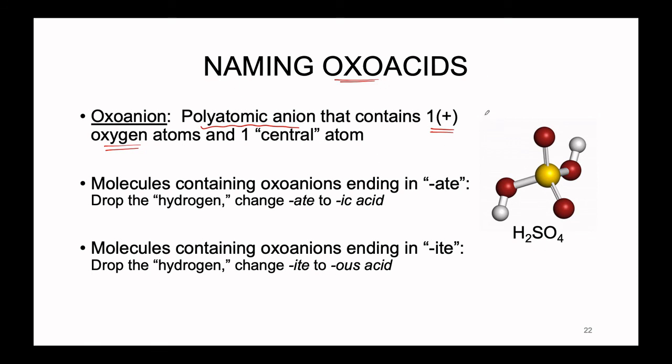And as an example, let's pay attention to this molecule right here, which has a sulfur in the middle, 4 oxygens off of that sulfur, and 2 hydrogens off of 2 of these oxygens. When we put this together, we get H2SO4. Now we are going to, in much the same way as the previous acid, name this compound using the ionic rules before we address these 2 rules listed here.